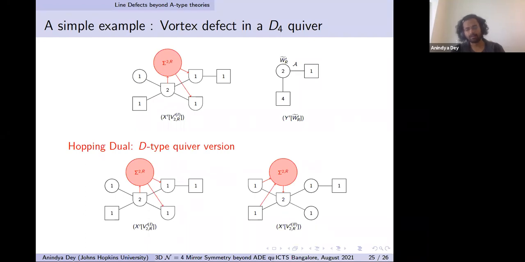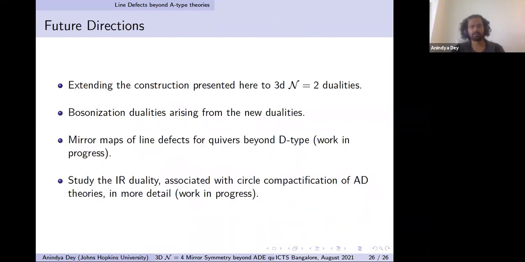All right. So I'll skip that and let's just talk about future directions. Obviously, extending the construction presented here to 3D N=2 dualities would be very interesting. And that's where these S-type operations will become useful. So we can turn on, in those cases, generic Chern-Simons levels for non-Abelian gauge groups and dualities involving those kinds of theories.